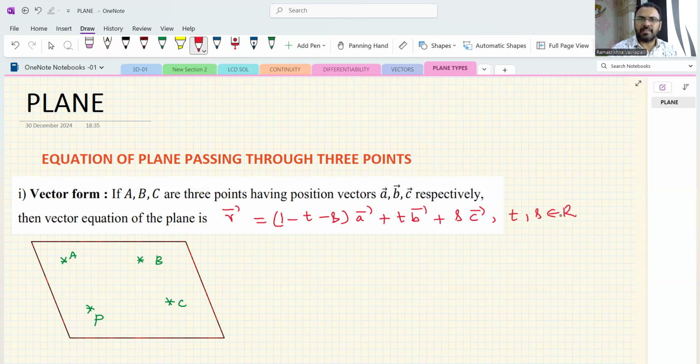This is the vector equation of plane passing through 3 points having position vectors A bar, B bar, and C bar.